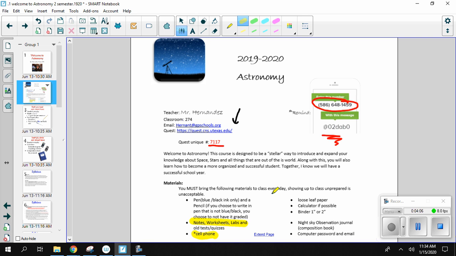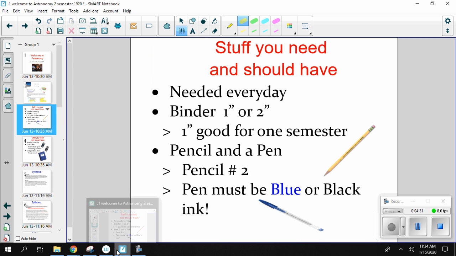It's probably going to change in a year or two to some kind of Chromebook or something, but something to access the internet would be awesome. Paper, calculator, binder to keep all your junk in, and then night sky observation journal, as well as any important passwords or email.